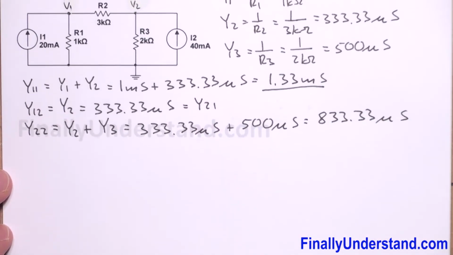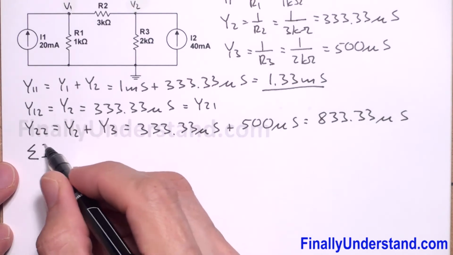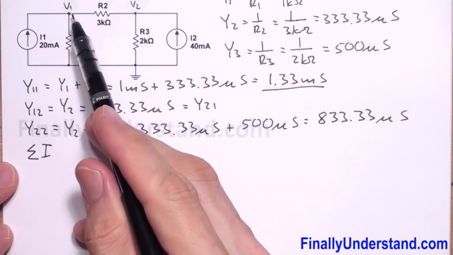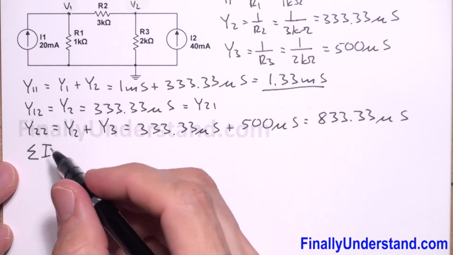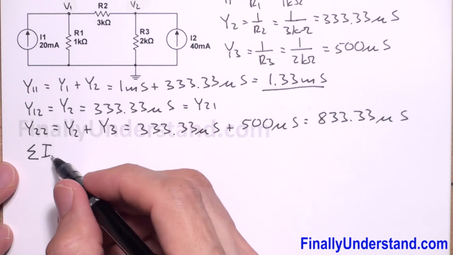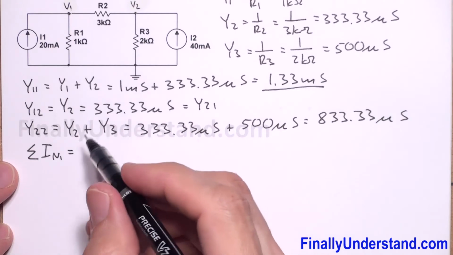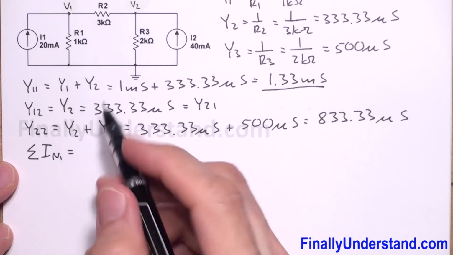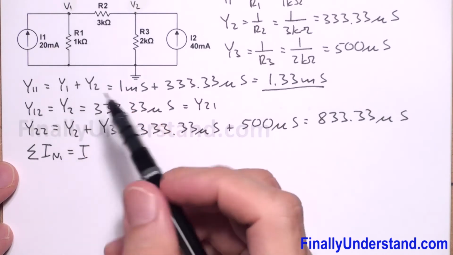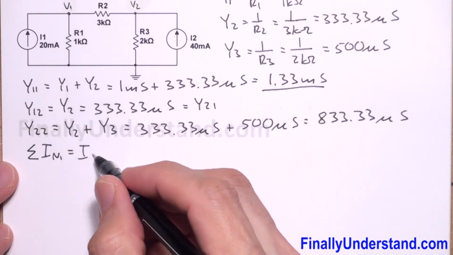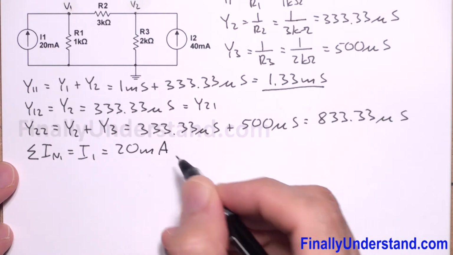Next, I'm supposed to find the sum of the currents going to the node 1, okay? So this is the sum of the currents going to node 1. Okay, let me just write over here. So this is equal simply to I1, because this is just one current going to this node. So this is my I1, and this is equal to 20 milliamps.